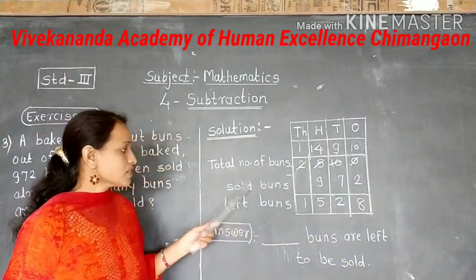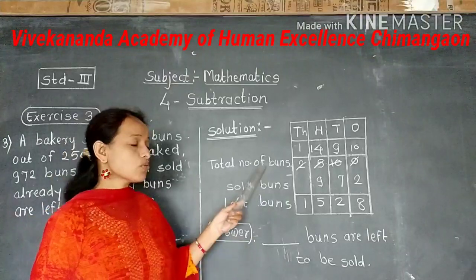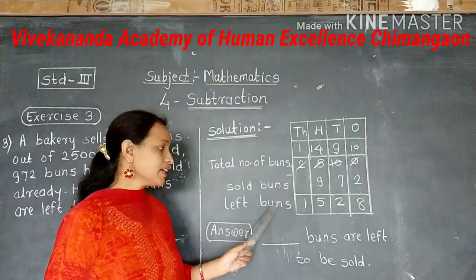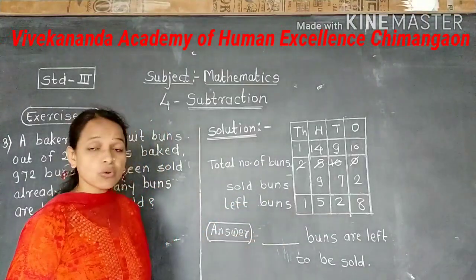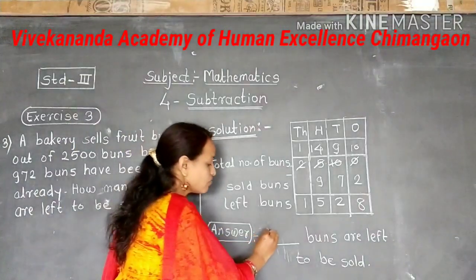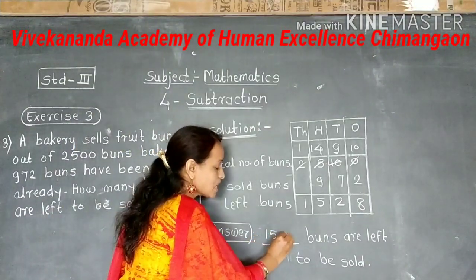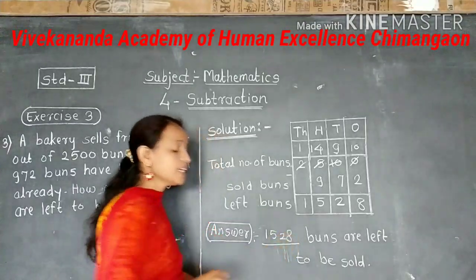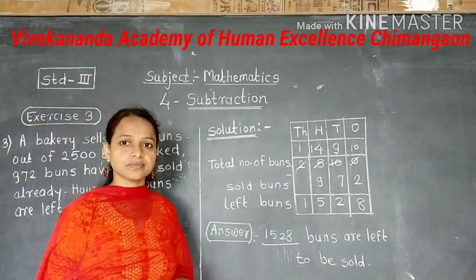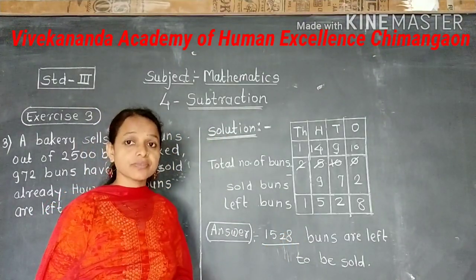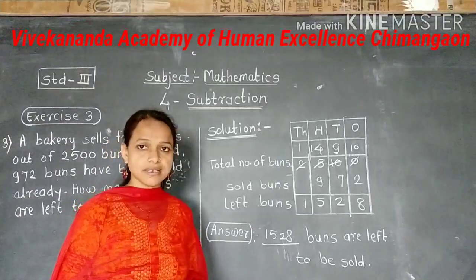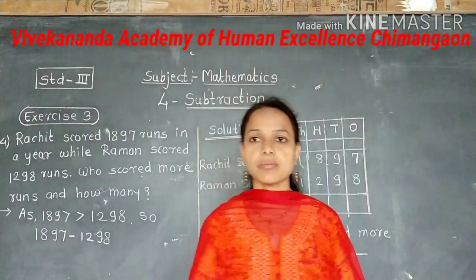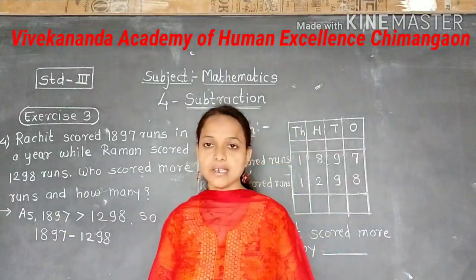Means here we subtract sold ones from total number of ones, we get left ones. So what is your answer? 1528 ones are left to be sold. Understood everyone? How to solve this example problem of exercise 3.